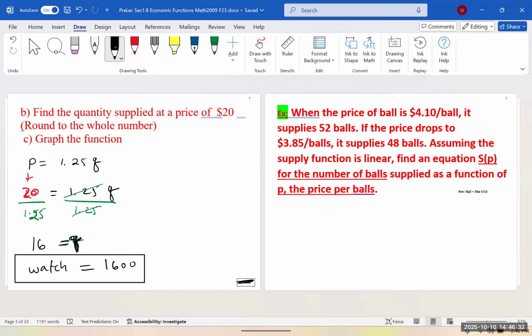The next one: when the price of gold is $4.10 per bowl, the supplier supplies 52 bowls. The price is independent. So when it's $4.10 per bowl, they are willing to produce 52 bowls.